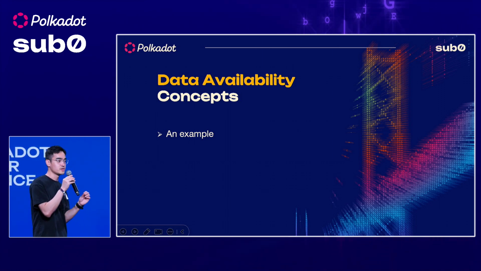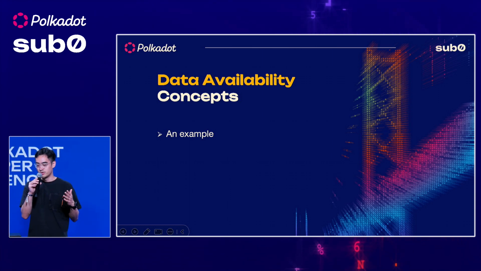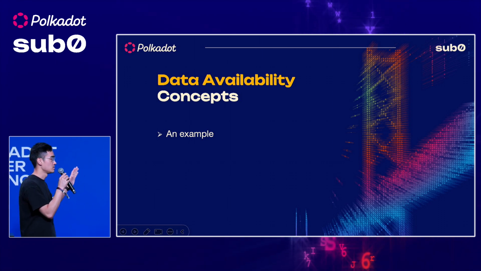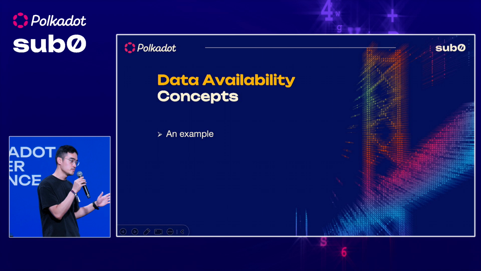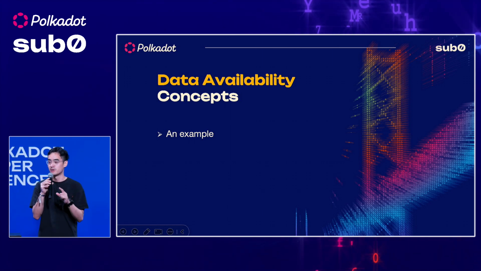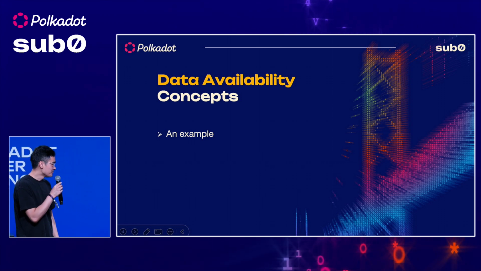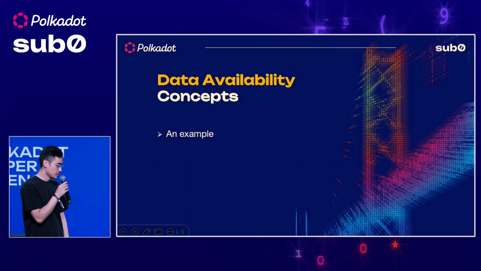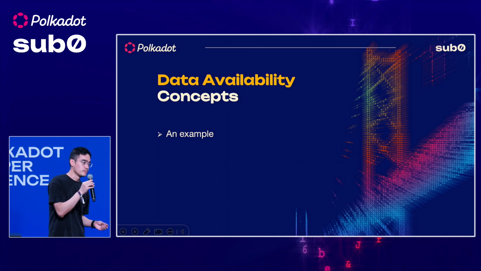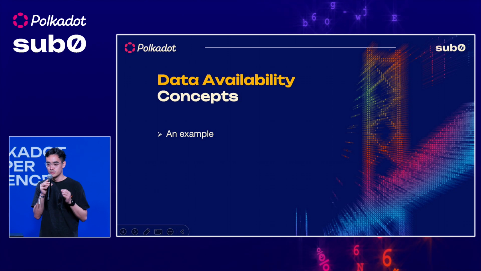If you want to verify a simple payment transaction, you can request the data for this transaction from nearby full nodes, and you can check the transaction in the Merkle tree of a certain block, and verify that the transaction is in the block, the block is valid, and the transaction is valid.